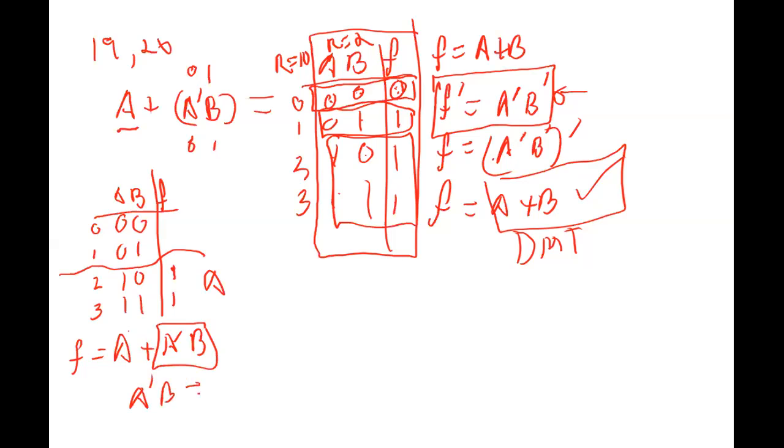Well, if A is equal to 0 and B is equal to 1, then A prime must be equal to 1 and A prime B must be equal to 1. So F is true when A is 0 and B is 1. And that's what leads me to put a 1 in row 1.